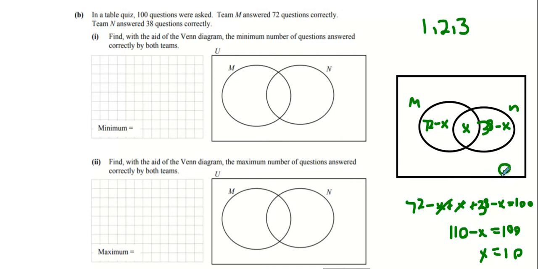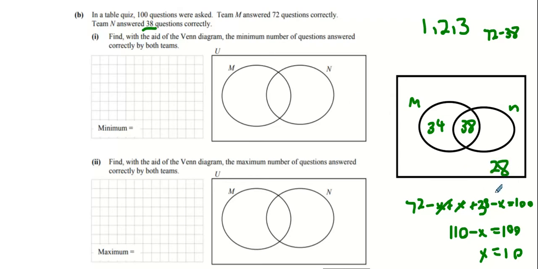The second extreme is where they have every answer N has in common. So all 38 questions N answered, M also answered. In a case like this, 38 goes in the middle, and then 72 take away 38 is 34. So M adds up to 72 and N adds up to 38, and on the outside you get 28 questions wrong.